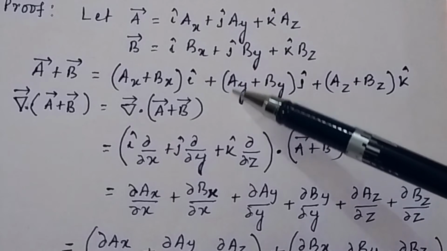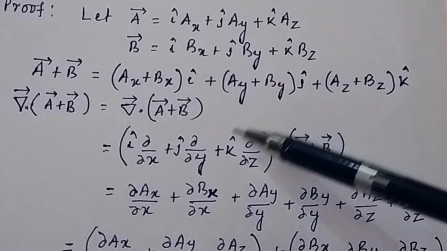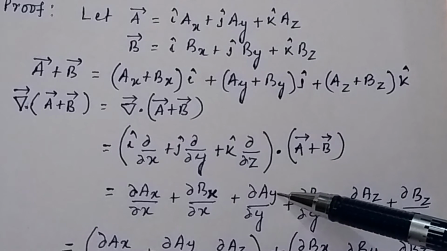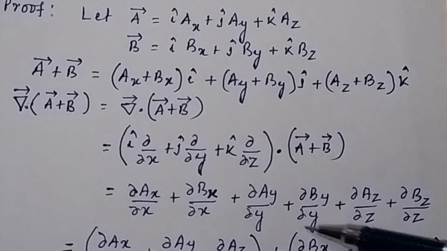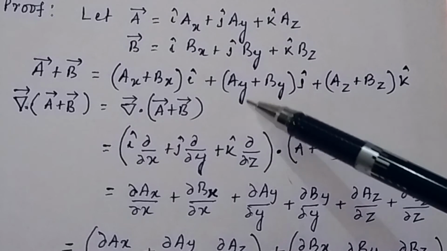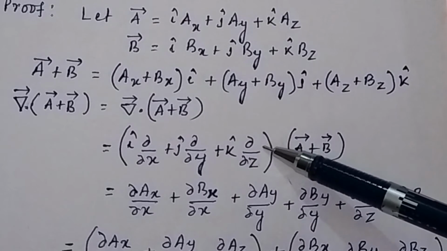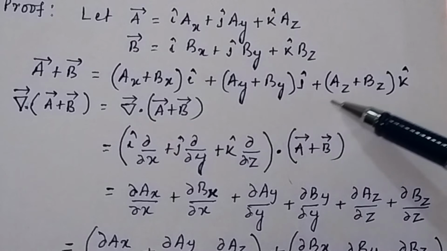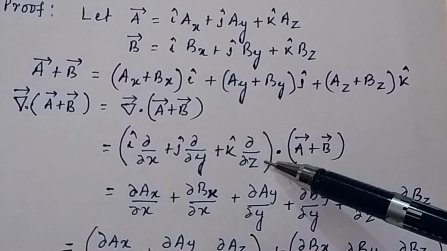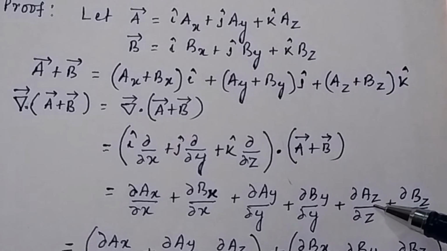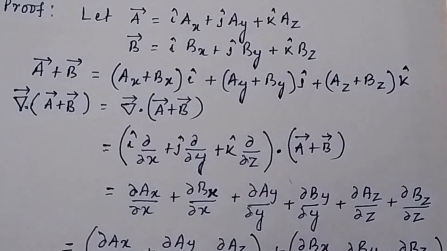Similarly, for the j term, you have partial derivative of (ay plus by) with respect to y, which will be equal to partial derivative of ay with respect to y plus partial derivative of by with respect to y. Similarly, for the z term, you take the partial derivative and then the dot product, which will be equal to partial derivative of (az plus bz) with respect to z. That can be written as partial derivative of az with respect to z plus partial derivative of bz with respect to z.